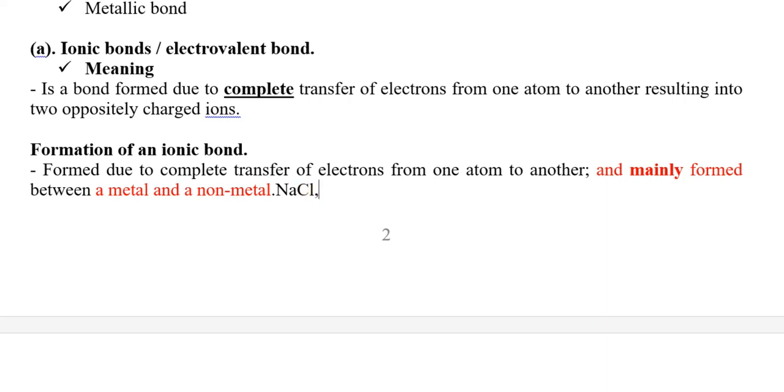What is the bond in magnesium oxide? Magnesium is a metal, oxygen is a non-metal, therefore the bond is ionic. So that's why it is important to note. The electron configuration of oxygen is 2,6.